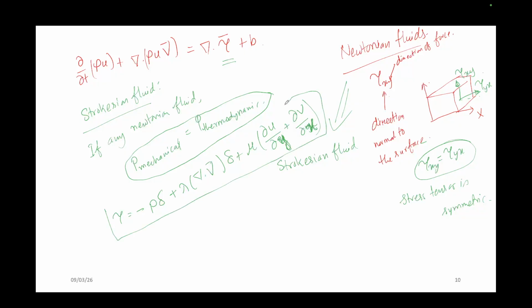He said that if a Newtonian fluid follows this, then tau can be written in this form. Or in some places you will find this in terms of Ij minus P. This is P. Only for derivation this thing is required, nothing else.